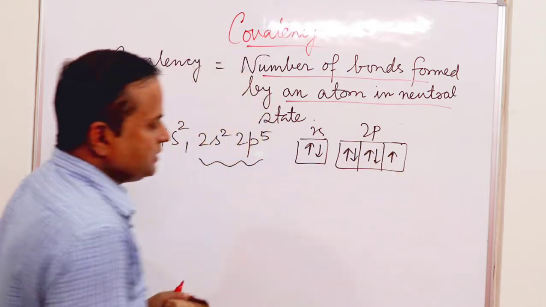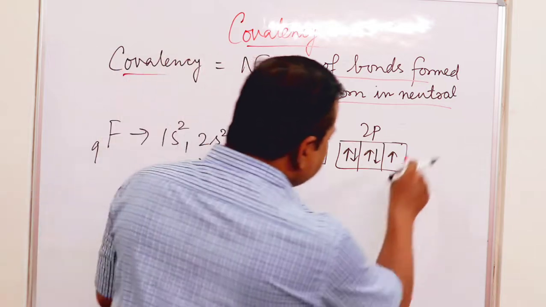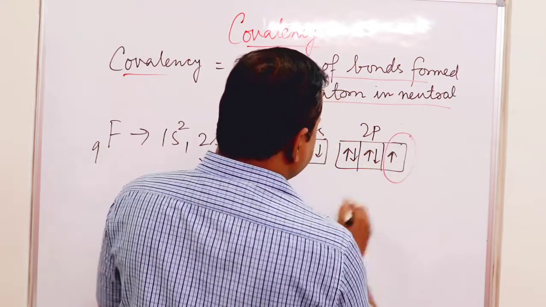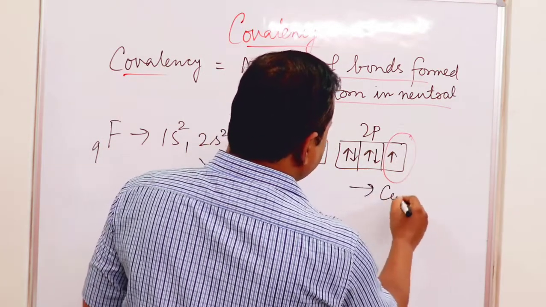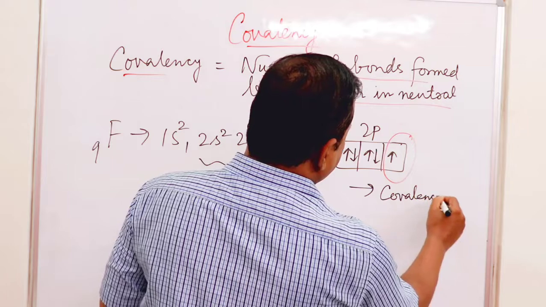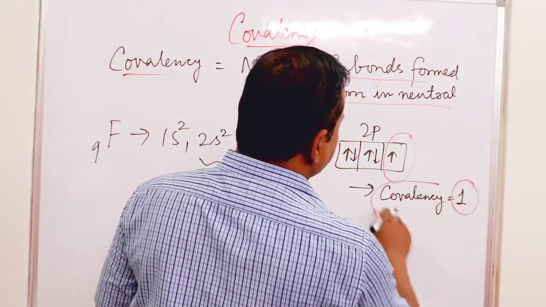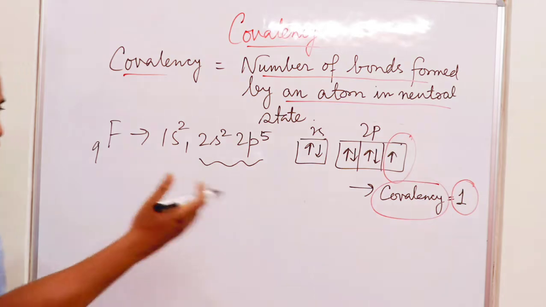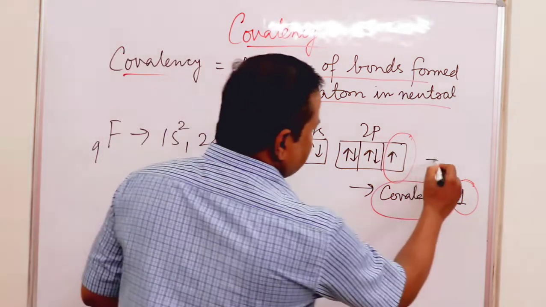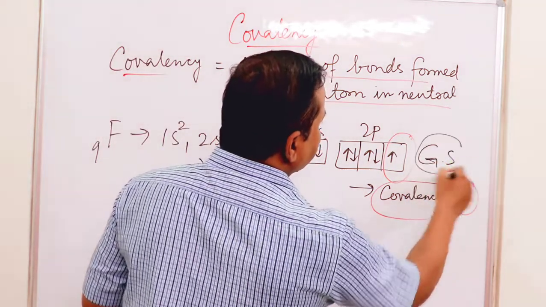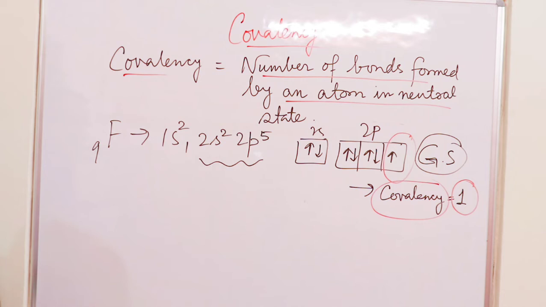So you can see there is only 1 unpaired electron. That's why covalency of fluorine is 1. That means it can form only 1 bond. And it cannot extend its covalency because there are no vacant orbitals present here.